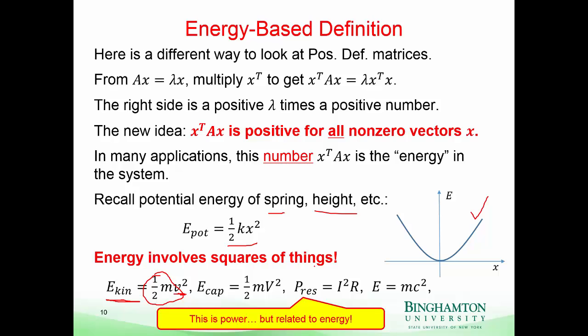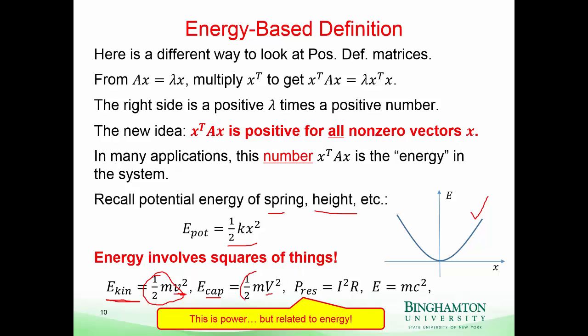If you've started to study circuit theory, and you probably learned this in a physics class as well, if you have a capacitor that has a voltage V on it, the amount of energy stored in that capacitor, and that's one of the things that capacitors do, is they store energy, is proportional to the square of the voltage.